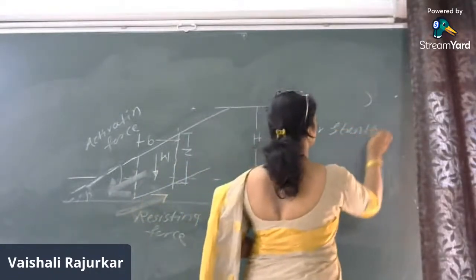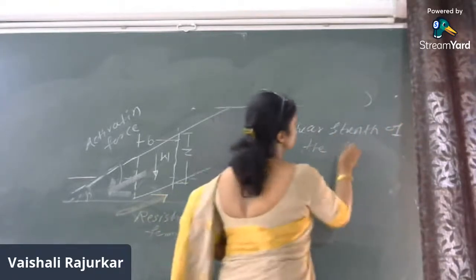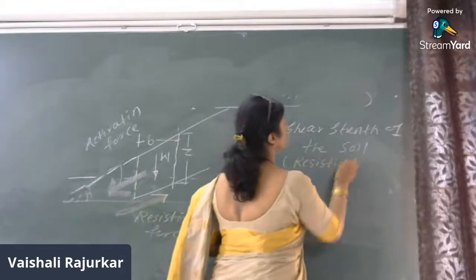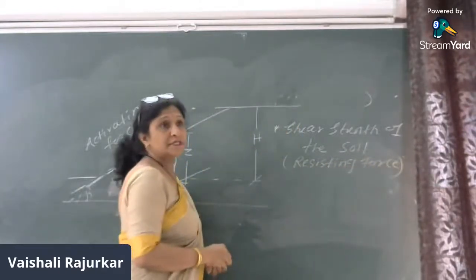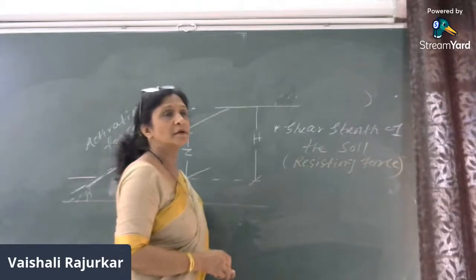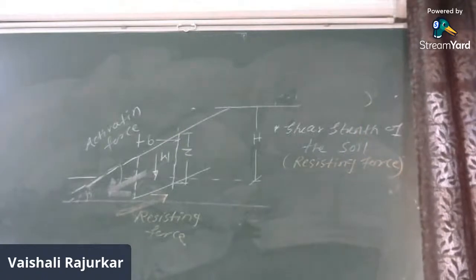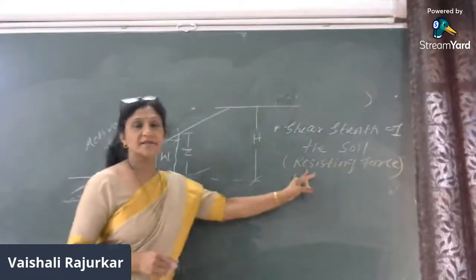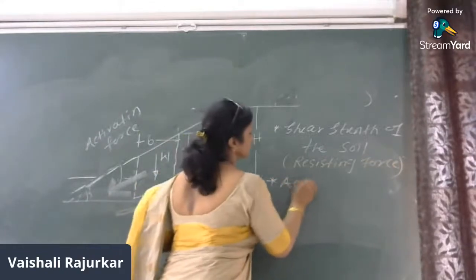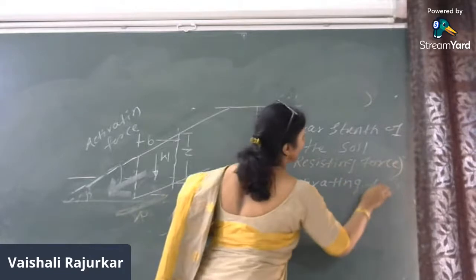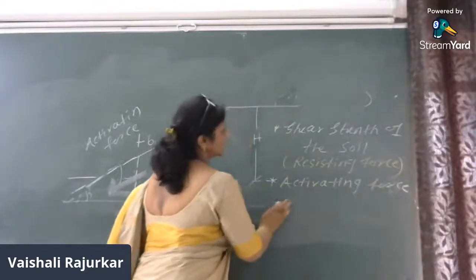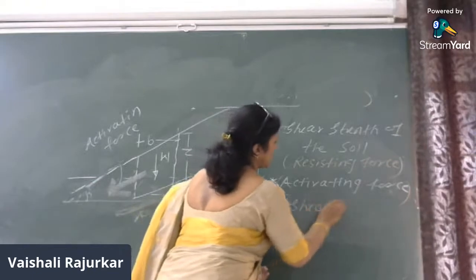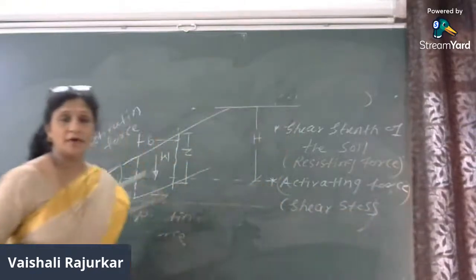This shear strength of the soil is considered as the resisting force, whereas the activating force is the shear stress. In this case, what is the factor of safety?